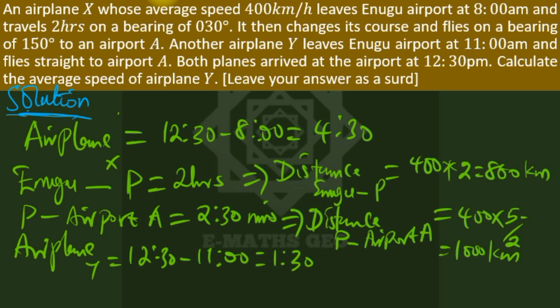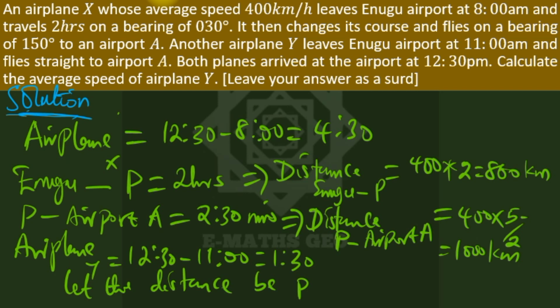The distance is what we want to get, and we don't know it. So let the distance be small letter p, because it will be opposite destination P, the first destination for our first plane X.